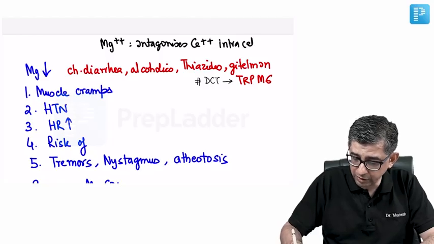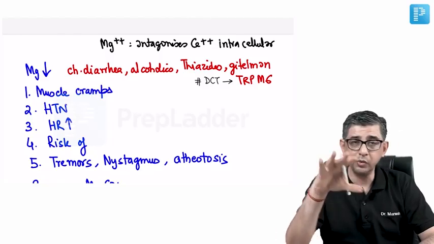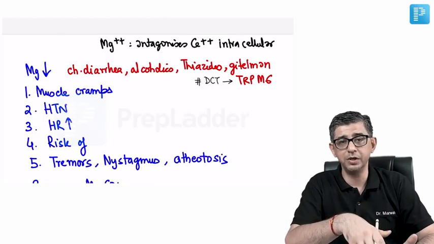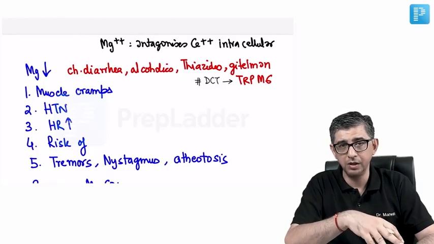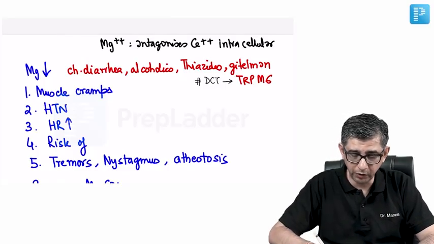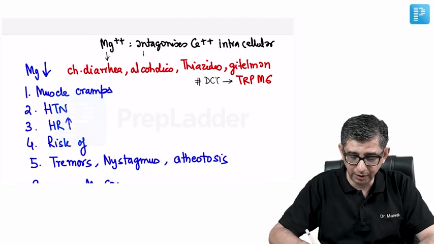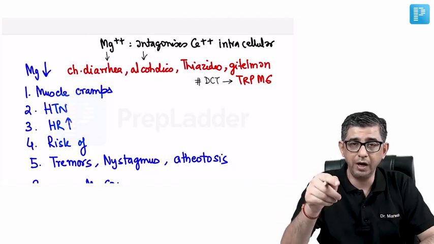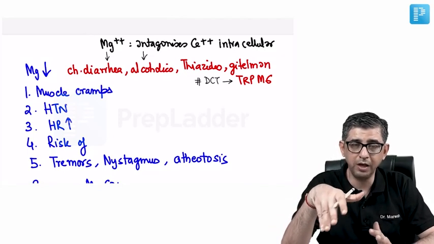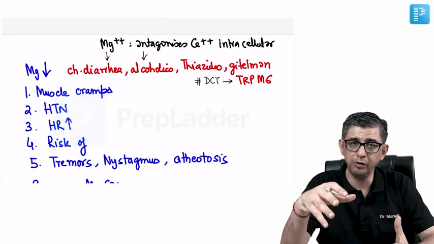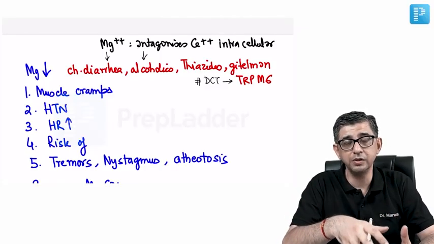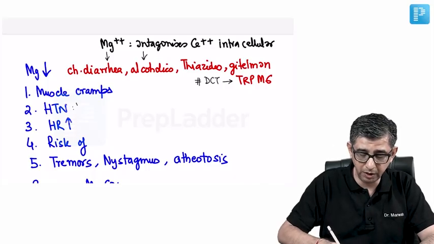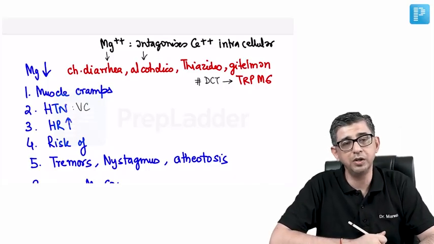So suppose magnesium is less in the patient. If magnesium is less, then this antagonism will also be less. And if the antagonism of intracellular calcium is less, then calcium will be able to cause constriction, and because of this exaggerated vasoconstriction, you could have an increase in the blood pressure of these patients.